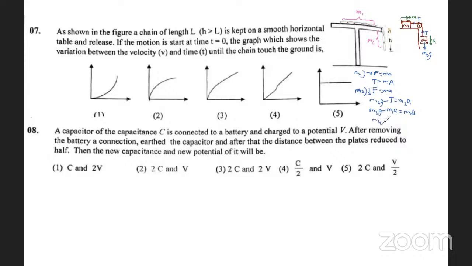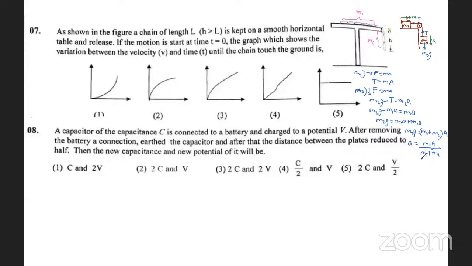So m2g equals m1a plus m2a. Therefore m2g is equal to (m1 plus m2)a. Final answer, a is equal to m2g divided by (m1 plus m2).